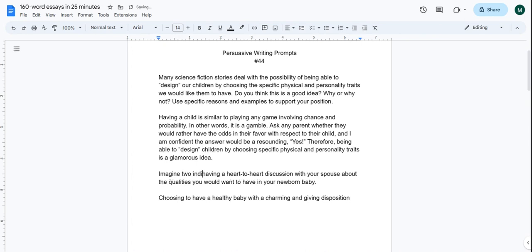Imagine two individuals having a heart to heart discussion about the qualities they would want to have in their newborn baby.